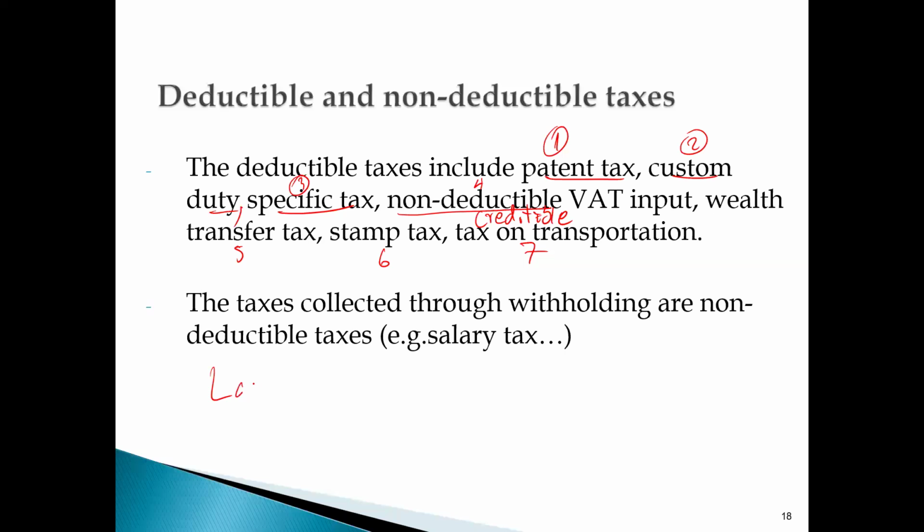So if you are large, then you need to pay your patent tax, 3 million Khmer Riel, equivalent to 750. But when you answer in the final exam, always use Khmer Riel.